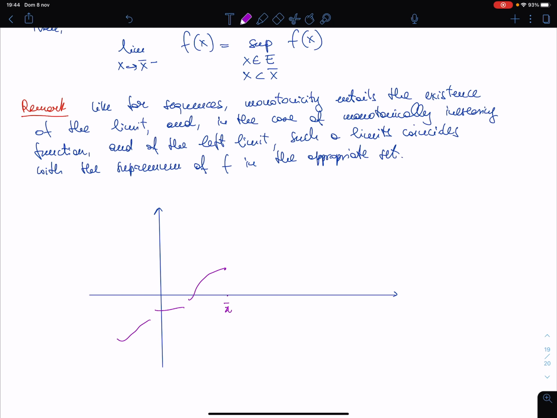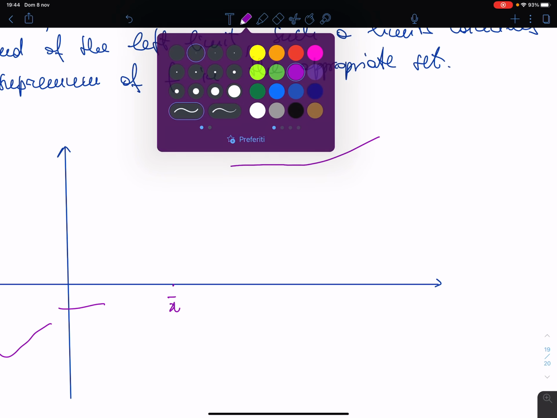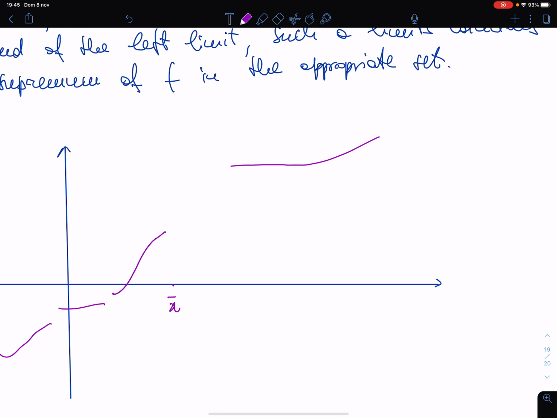Here we got x bar, and so on. So let me magnify what happens in a neighborhood of x bar.